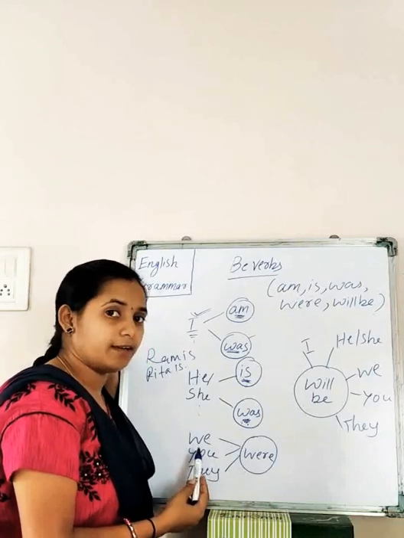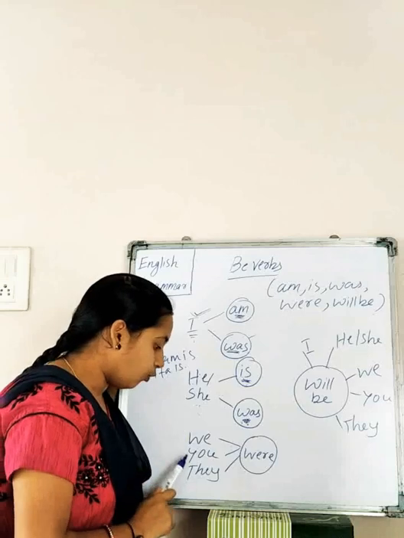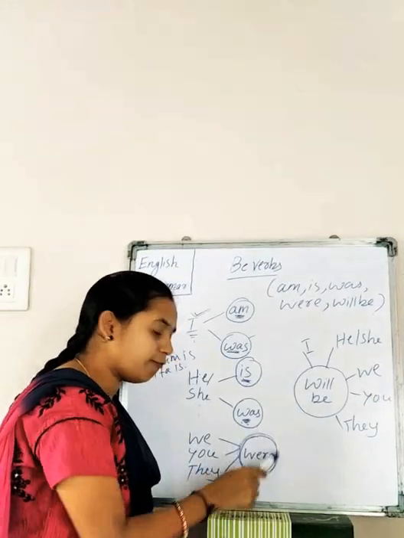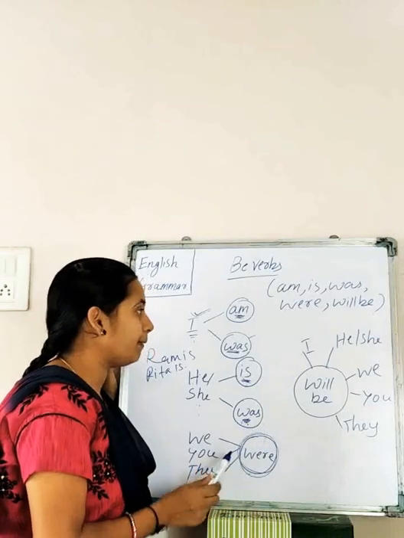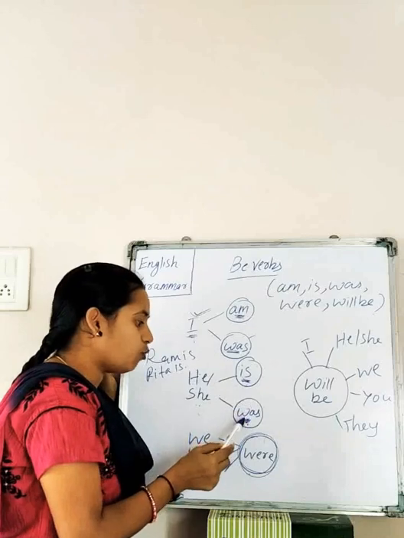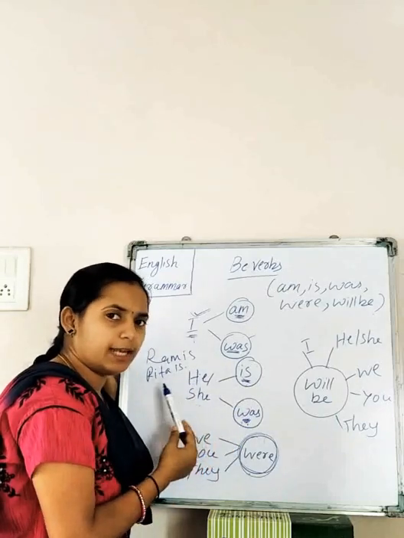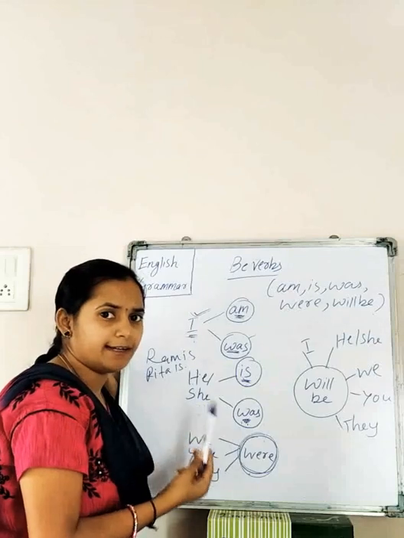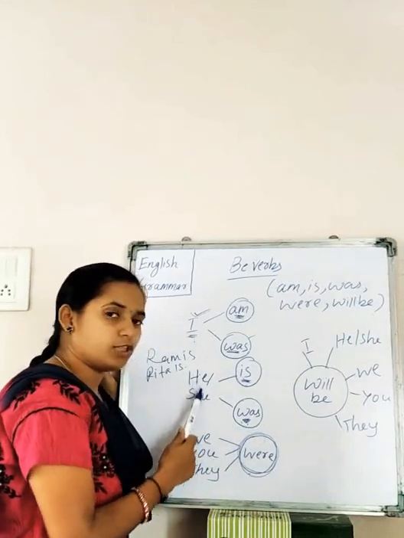When we are talking in a sentence like, we were playing. With we, you, they, the be form were can be used. Clear kids? Once again I am repeating: am and was can be used with I, is and was can be used with he or she, or any other names also, like Geeta, Rita, headmaster, teacher.